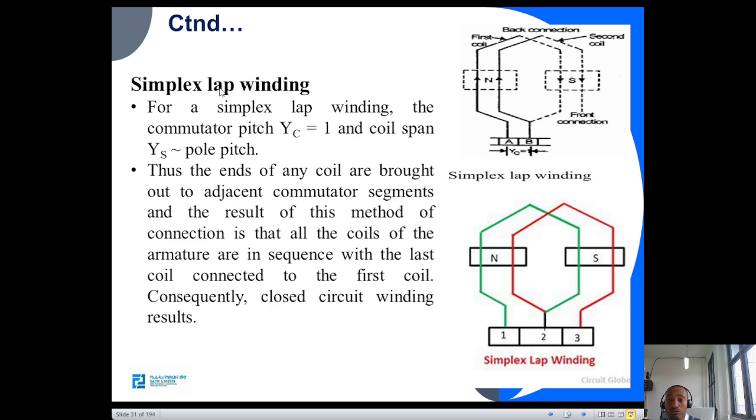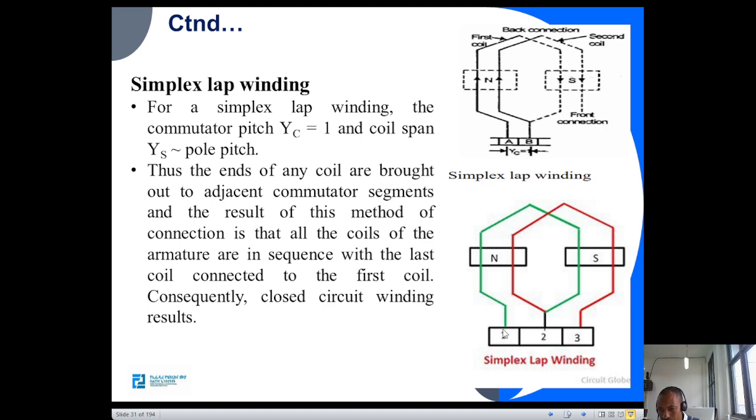So in the case of simplex lap winding, coil span is equivalent to pole pitch, which is equivalent to commutator pitch. The distance from this center, the commutator center of one coil, to the end of the other terminal of the coil, we call coil pitch.